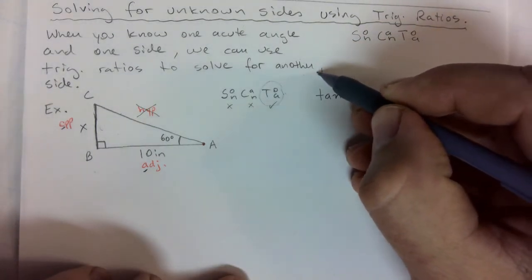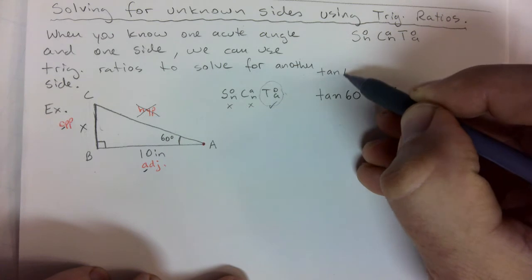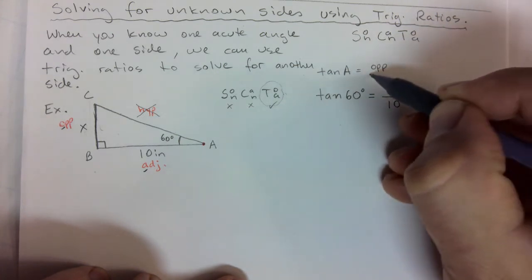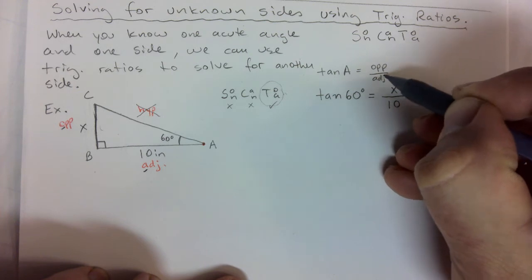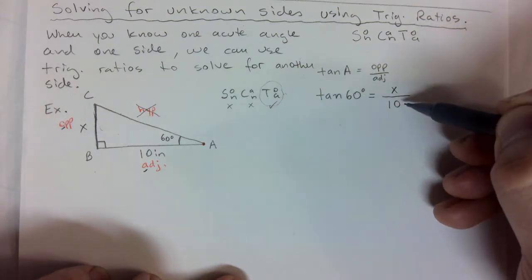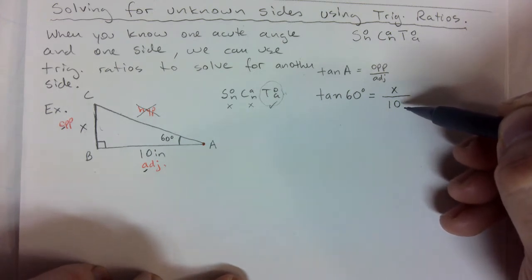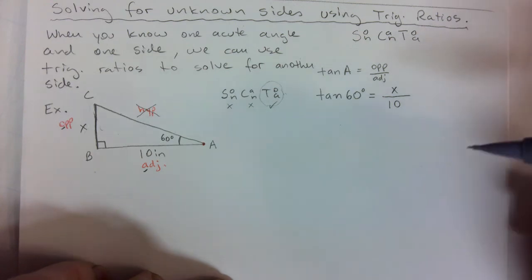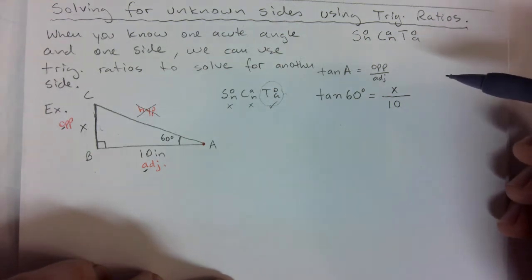Maybe let's backtrack one more. The equation would actually state tangent of A in this case is going to be opposite over adjacent, right? Taking one step back, this is what we started with. Then we substitute in our values that we know. And here you have to be careful, okay?